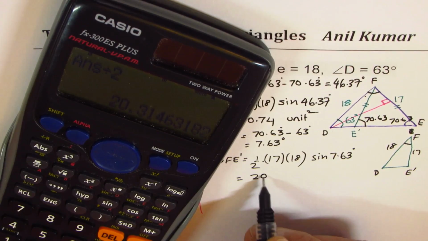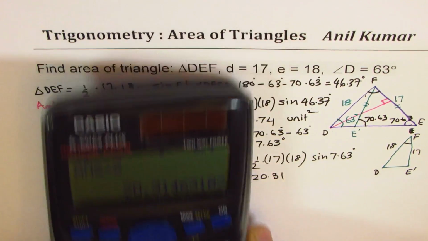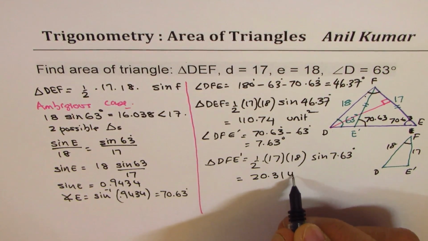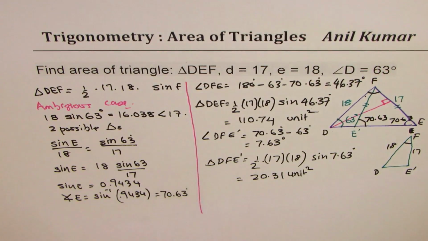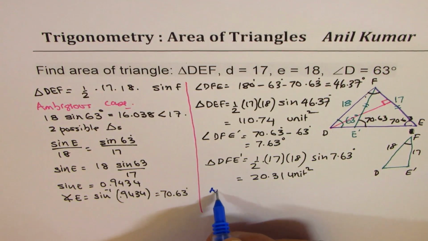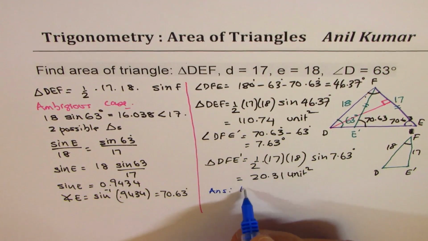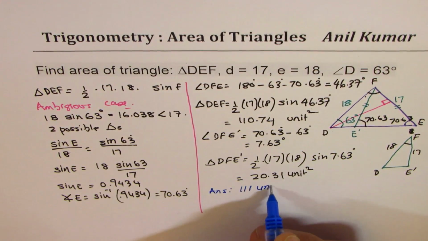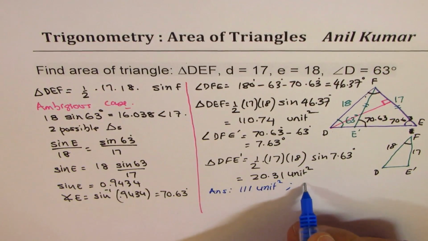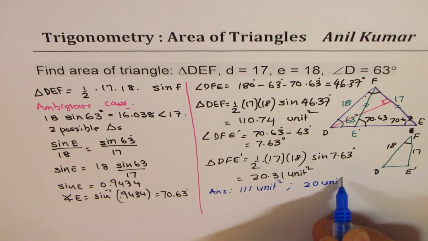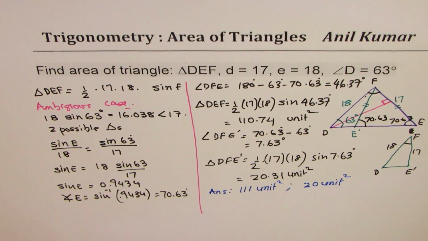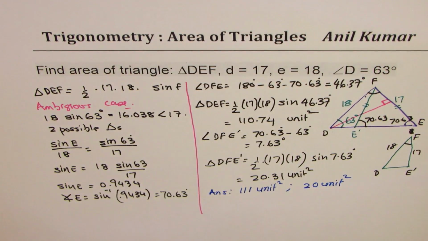So we get this as 20.31 units square. Correct? So we have two answers here. Since there were two possible triangles, it's an ambiguous case. So the answers are that the area, if I round to whole numbers, becomes 111 units square or 20 units square, correct? So these are the two cases. I hope the concept is very clear. We'll take up the next example also.